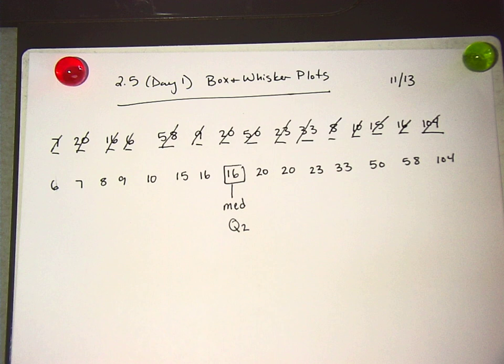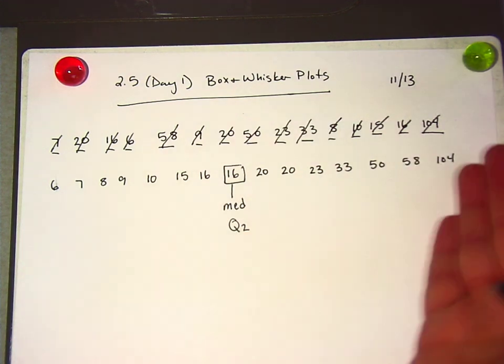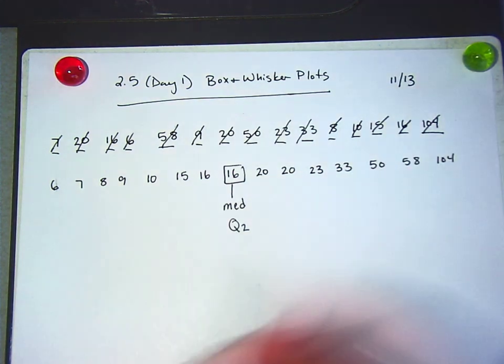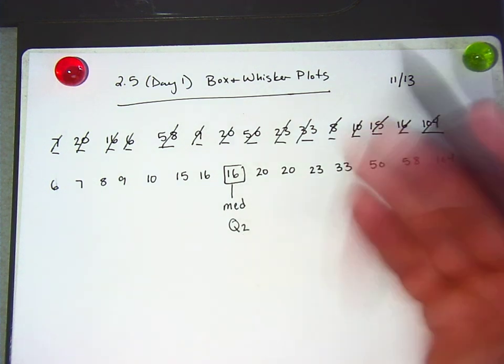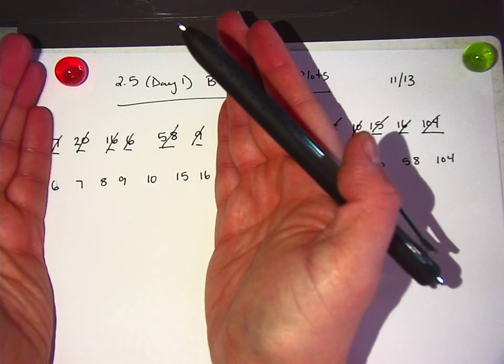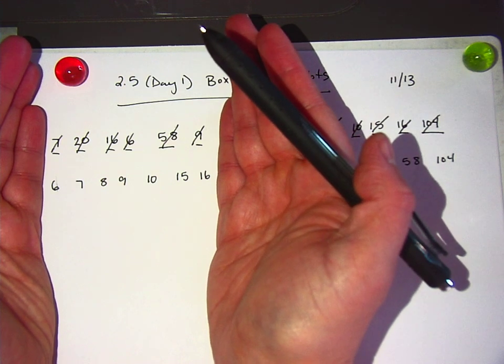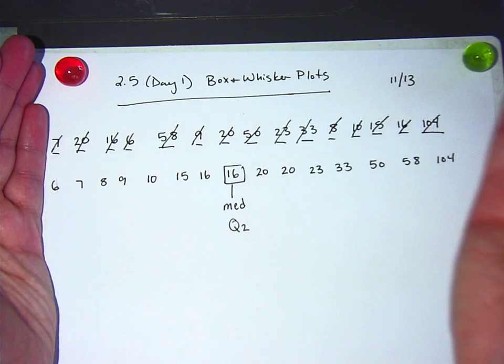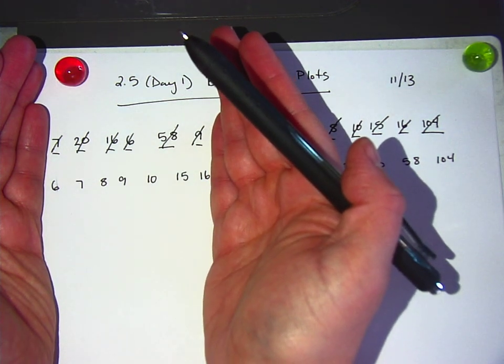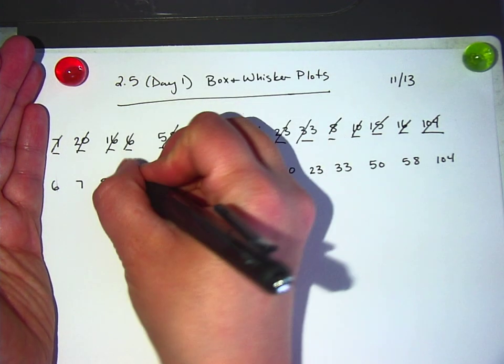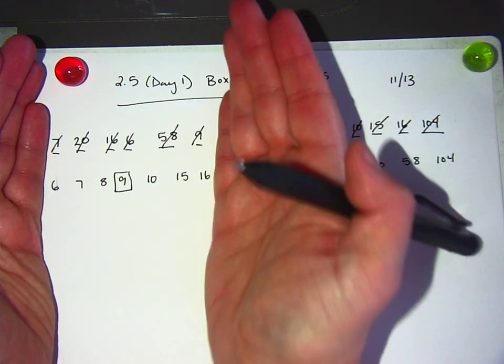Okay, now we look at the top half of the data and the bottom half of the data and we find the median again. If there's one data point that's been taken out, then we don't count it. So now we're looking at these, or wait, not 8, 7. So it looks like we have this one is the median of the bottom set.